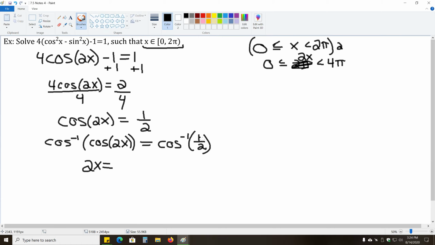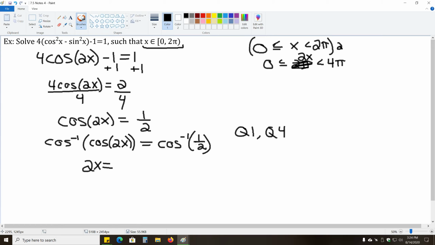So we want to find everywhere that cosine has an angle that when you plug it in, it gives you a positive 1/2. Well, this is a little trickier than the sine functions we've dealt with. For cosine, remember cosine is positive in quadrant 1 and quadrant 4.